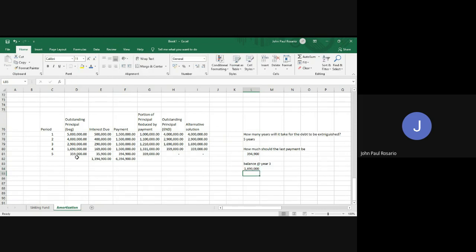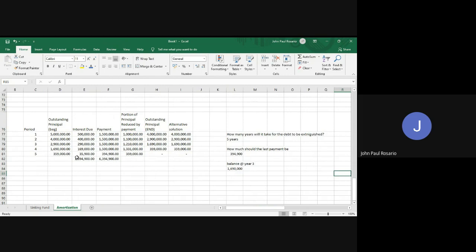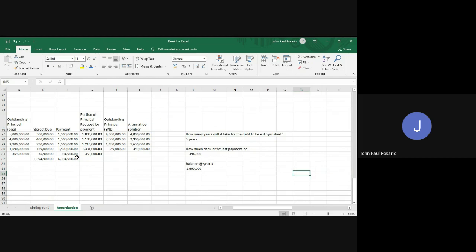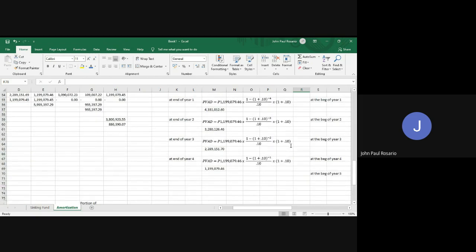Could we solve these questions without solving for the table? Now, for the first question, how many years will it take for the liability to be extinguished? We will be using a trial and error method.